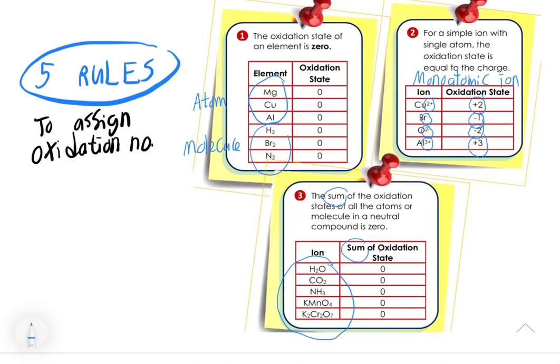For example, H2O: the oxidation number of H is +1, but there are 2 H, so times 2, and the oxidation number of oxygen is -2. The sum of these oxidation numbers is equal to 0. So the sum of the oxidation number of atoms or molecules that are neutral is always 0.